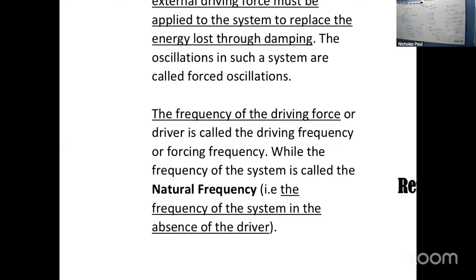So watch this here. I want to show you a small example. Do you think you ever experienced resonance? Yes, sir. Have you ever blown in a bottle and then heard a loud sound? That loud sound is a resonance sound. It's of a larger amplitude. But remember, you have to blow at the right frequency.